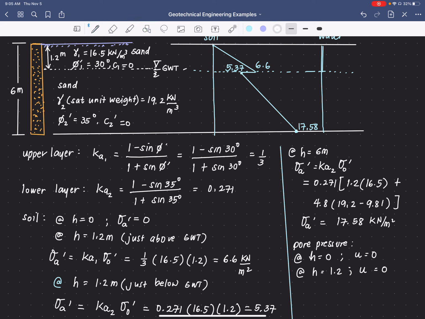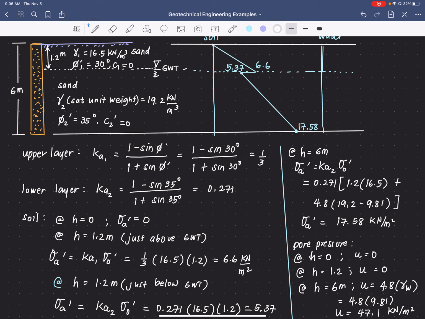Then at H equals 6 meters, our pore pressure becomes, okay, we have 4.8 multiplied by, of course, gamma W, and this would be equal to 4.8 times 9.81, and this becomes 47.1 kilonewton per square meter.